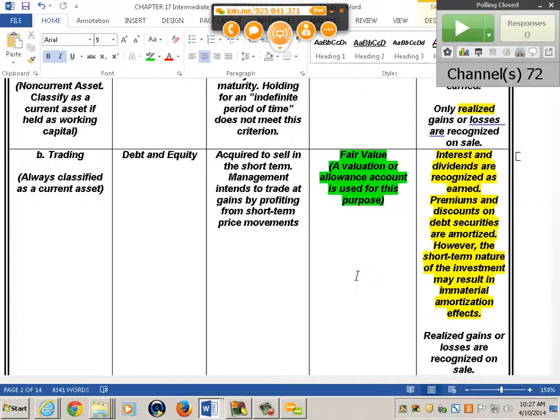Could be either. Depends on the balance. If you're writing it up, it's an adjunct. If you're writing it down, it's a contra. So we just call it a valuation allowance. We don't think of it as a contra. We don't think of it as an adjunct because it can be going in either direction. Okay. Any other questions?